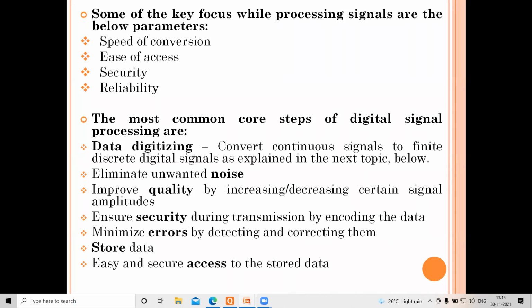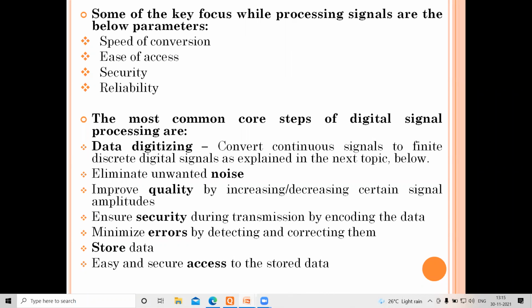Then when you're processing your signal, let it be any application, whether it's an audio application, a radar application, or a telecommunication application, probably these are the topics which you have. DSP applications for telecommunication, DSP applications for audio processing, DSP applications for others.